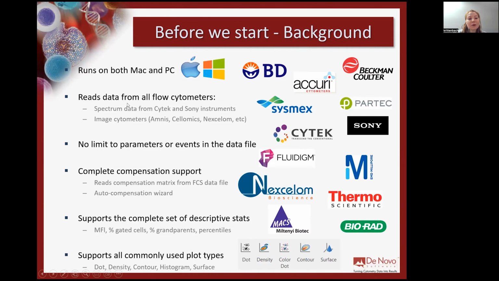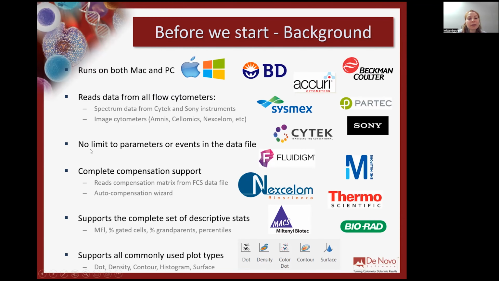We can actually read data from all different flow cytometers, and this includes spectral data, and it also includes image data. If you want to load in image data, that does require a slightly different version, so that would require the plus version or the image version of the software.